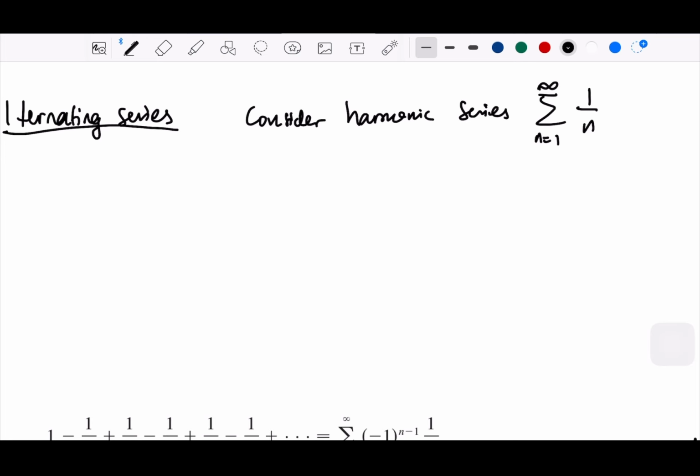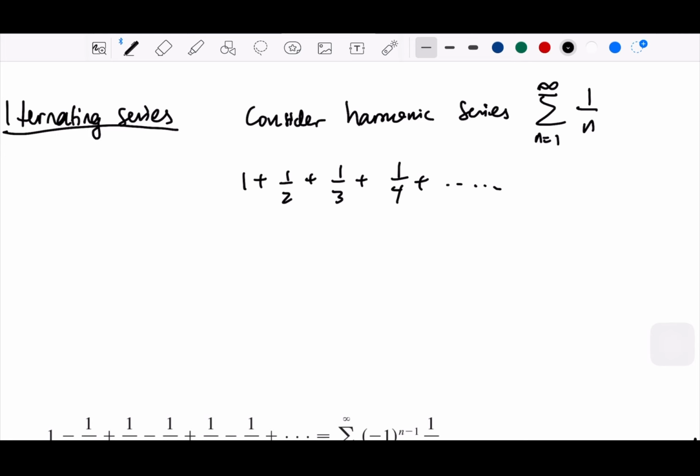We know that the harmonic series diverges, right? It starts with 1 plus a half plus 1 over 3 plus 1 over 4 and so on. And we concluded, as we mentioned before, that it diverges.